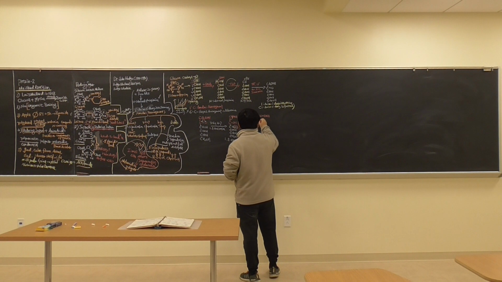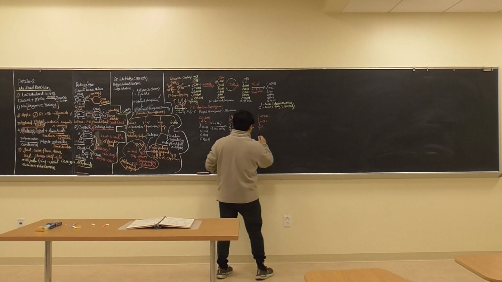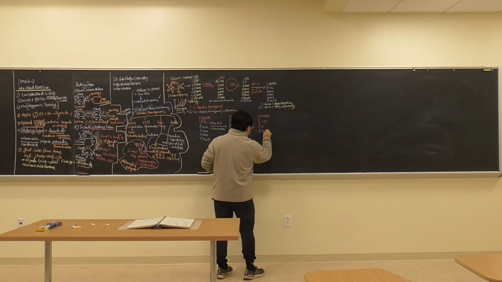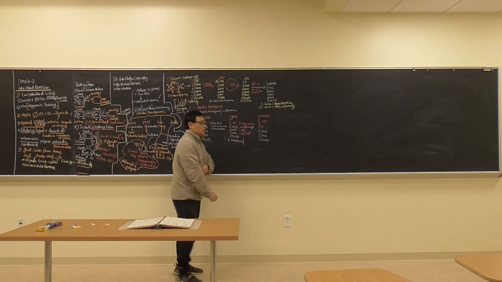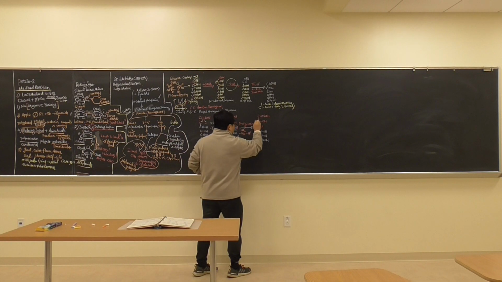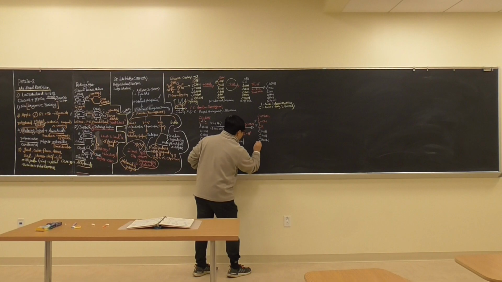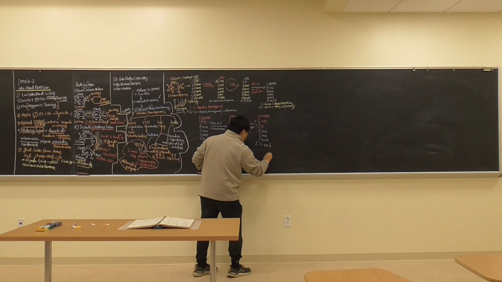Then you go here, COH, then double bond, CH. Then here are the same: CHOH, CHOH, CH2OH. What is this called? 2',3' enaminol.